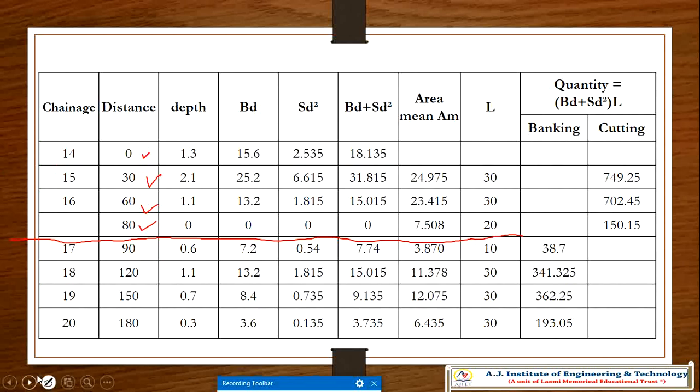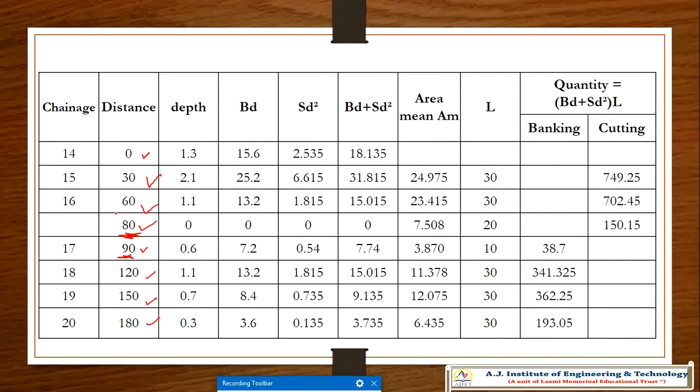From here, 10 means how much? It is 90. So totally it is 60, 90, 120, 150, 180. I hope you have got it now. Here 80, here 80, here 90. This is the only change, because 180 will change because of the interpolation. This is the formation line passing between.